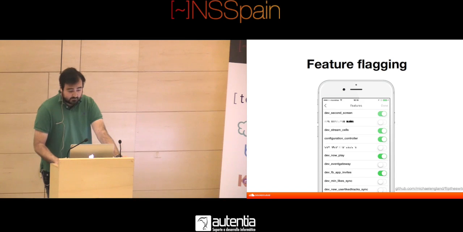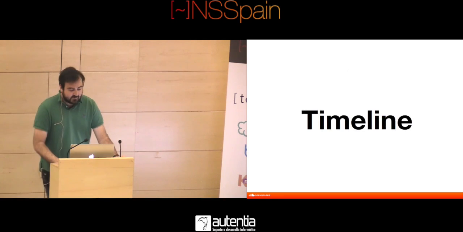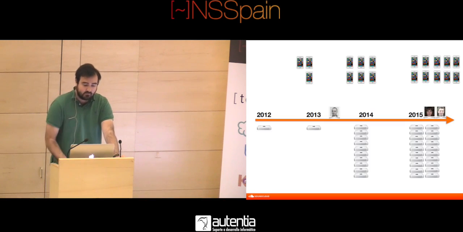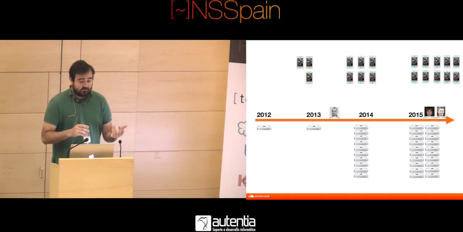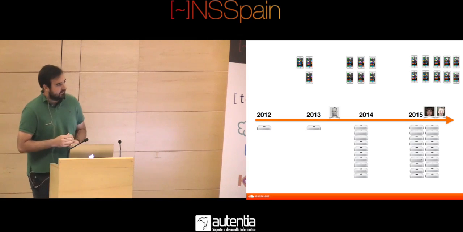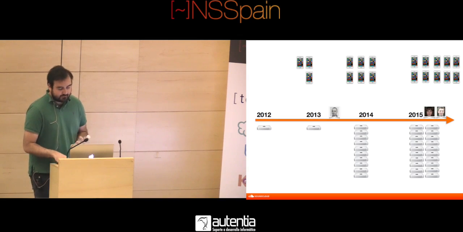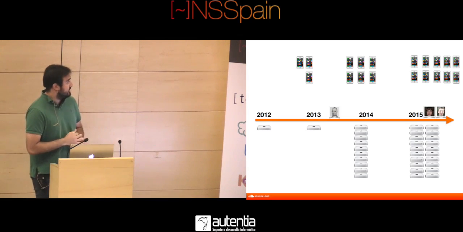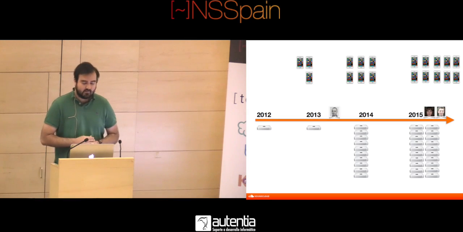So this didn't happen in one day. It was actually a very long process. When I joined in 2012, we only had one Mac Mini that we called Chaos Monkey. There were 3 of us, and then the team grew. We hired our first test engineers to help us build our continuous integration system.